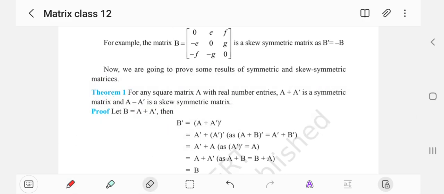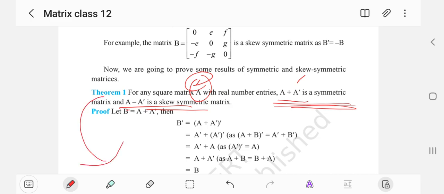What does this theorem say? I am again repeating, if A is some matrix, then with this matrix we can make a symmetric as well as a skew symmetric matrix. With this single matrix we can find A transpose very easily and we can add them. So this will result in a symmetric matrix, and this subtraction will result in a skew symmetric matrix.